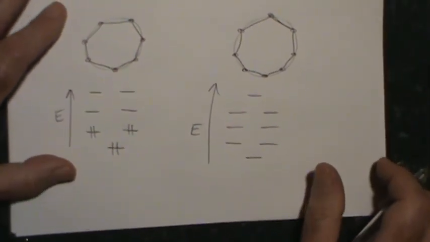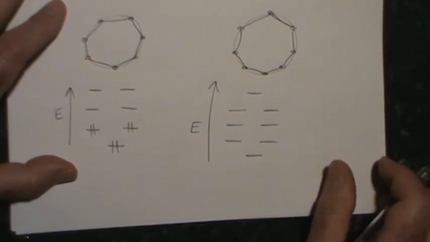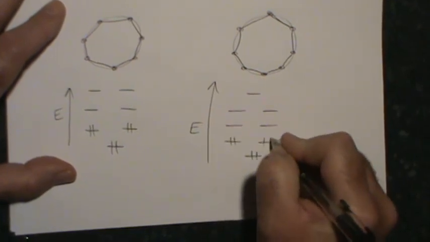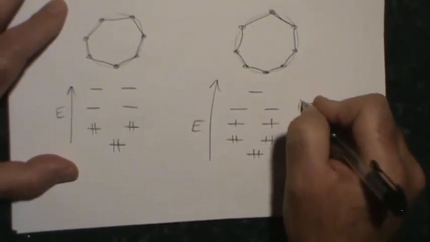And we've got 8 pi electrons to place in these 8 pi molecular orbitals. 1, 2, 3, 4, 5, 6, 7, 8. It's another diradical.